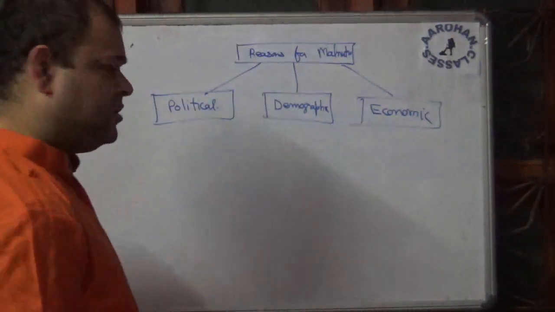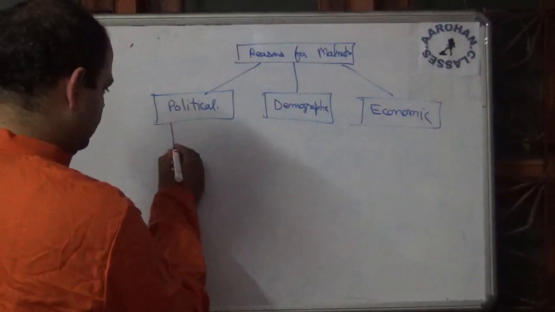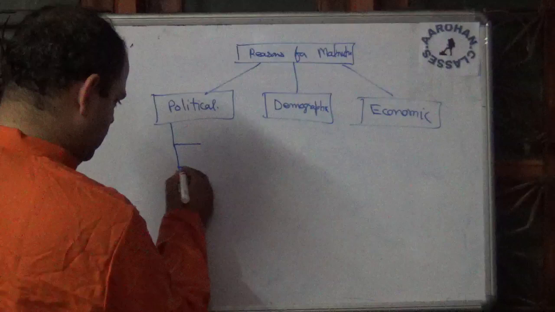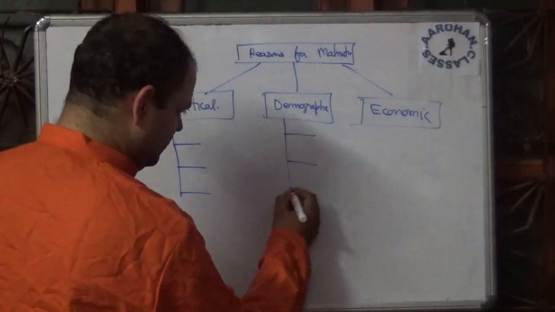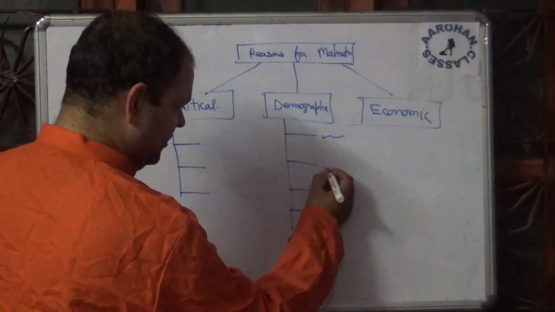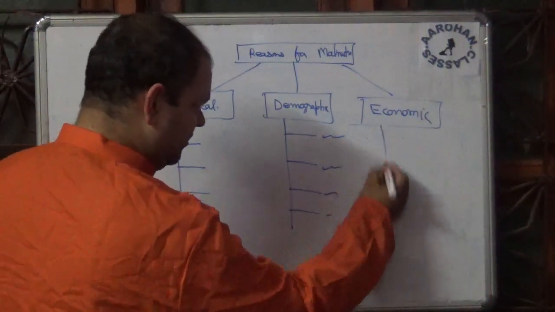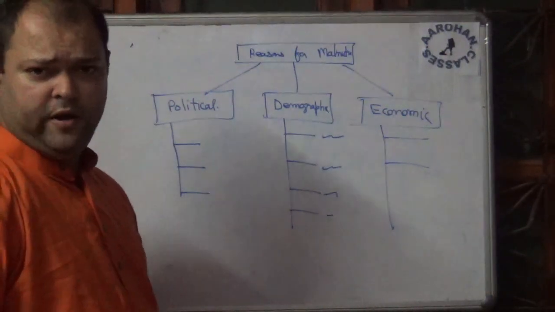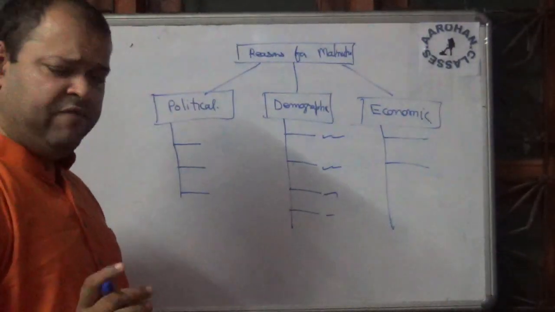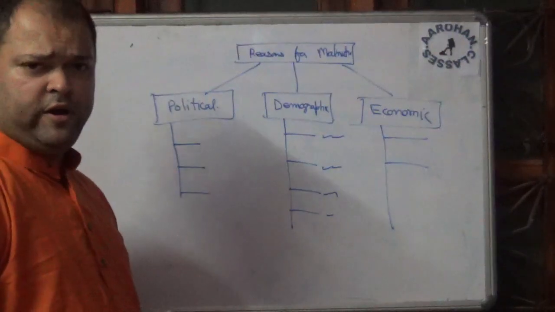Now suppose there are 3 political reasons, and there are 4 demographic reasons. So here I am writing what are the reasons, and there are 2 economic reasons. Now I have to annotate it, means I have to label it. Any figure that you have to do, you have to annotate it or label it.